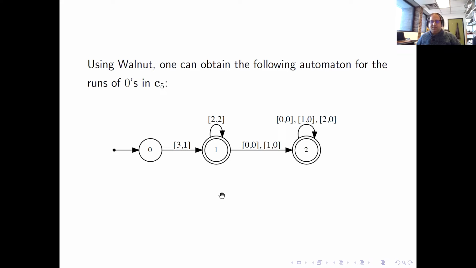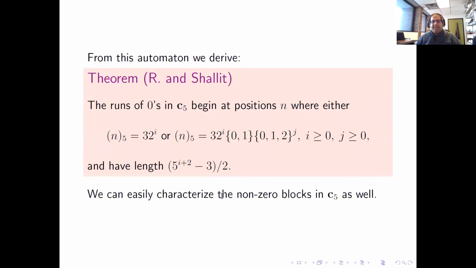The first component tells me the starting position of the run of zeros. The second component tells me the length of the run. And from that automaton, if I interpret the accepted strings, I can translate it into this result.